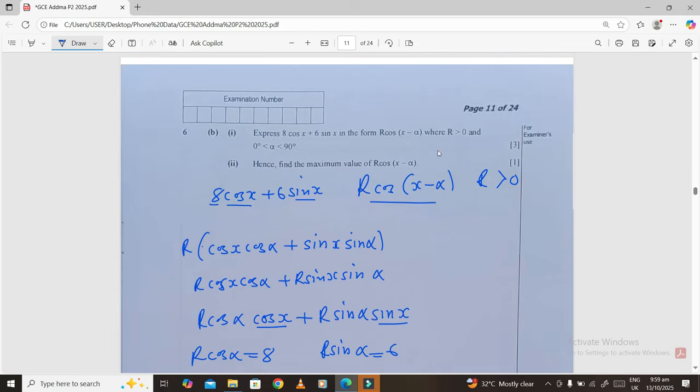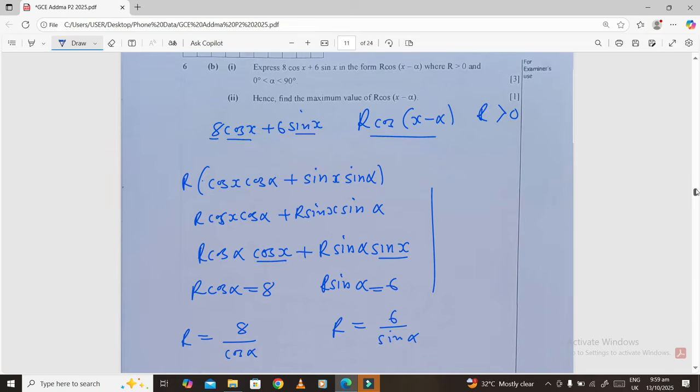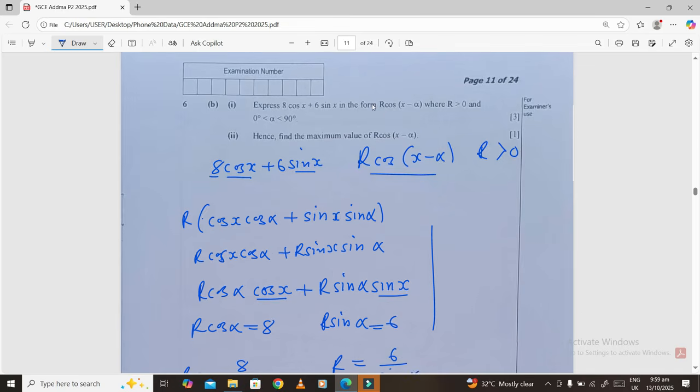So now writing it in this form, we have to find the r. Since we found the alpha, we can now say r will simply be equal to the square root of 8 squared plus 6 squared. Just get the numbers which are in front here and then find their square root. So 8 squared will give us 64, and then 6 squared will give us 36, which is equal to 100.